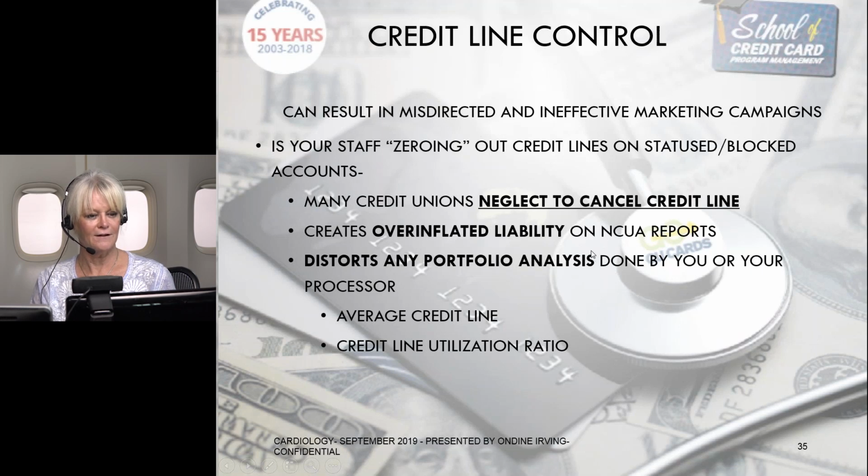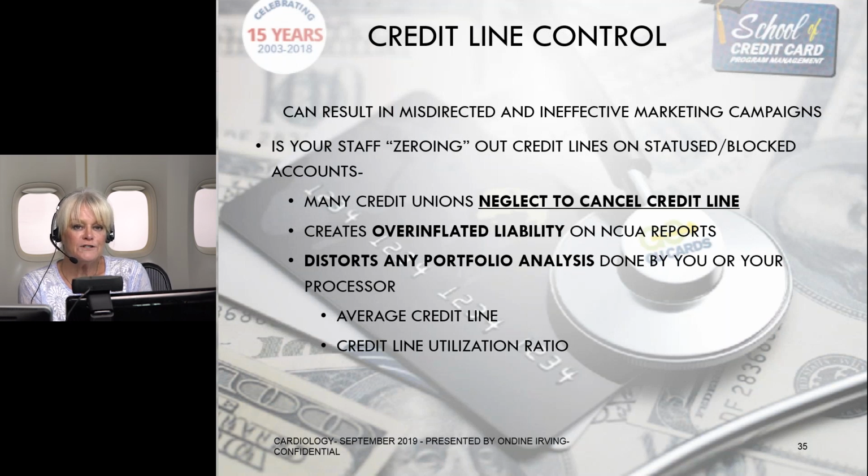Okay. All right, this is going to get into the analysis a little bit more. And if your staff, again, going back to the need for a product owner, is not zeroing out credit lines on status blocked accounts and perhaps in some cases delinquent or whatever the case may be, guess what?